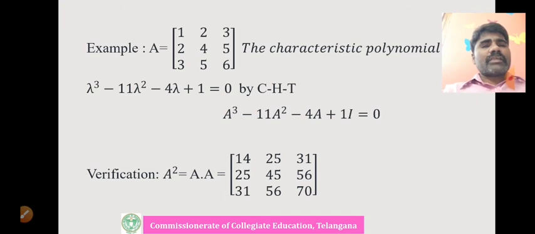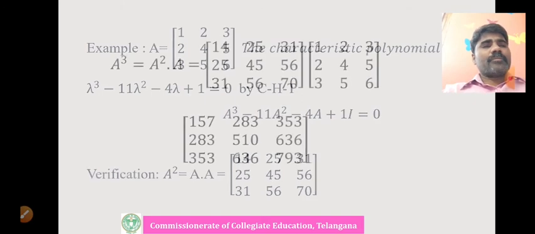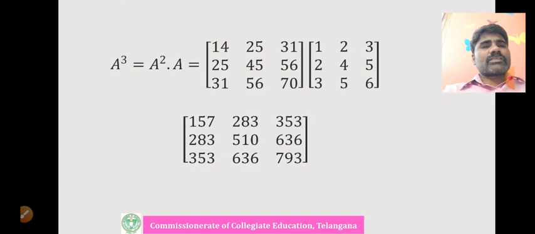A square is given by A into A. By simplification we will get A square equals [14, 25, 31; 25, 45, 56; 31, 56, 70]. Similarly, A cube is given by A square into A, that is equal to [157, 283, 353; 283, 510, 636; 353, 636, 793]. This is the A cube.